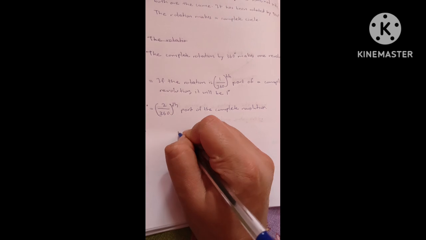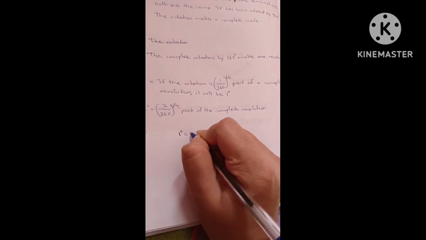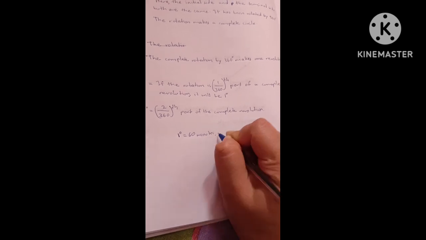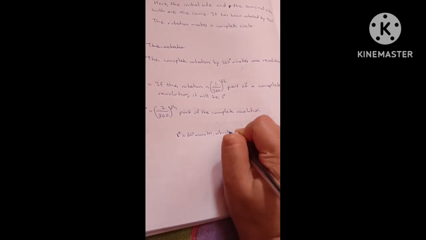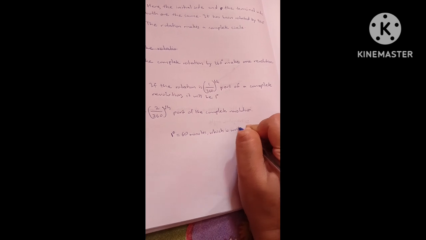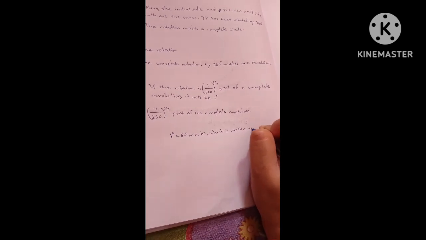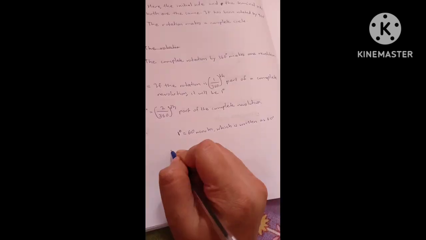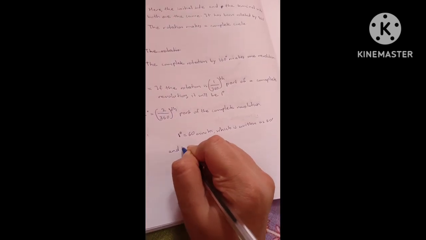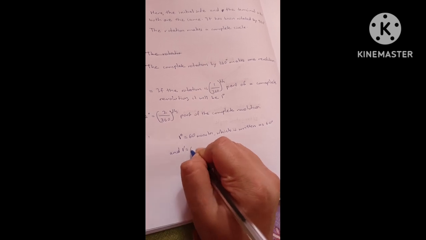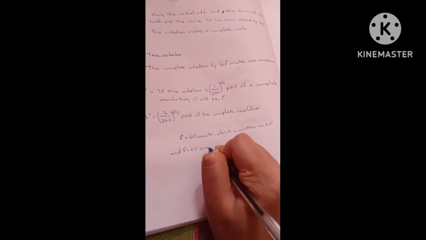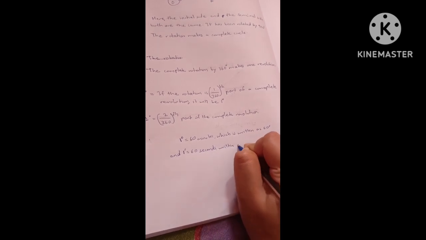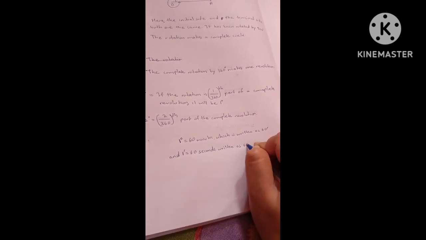Also, 1 degree equals 60 minutes, which is written as 60 dash, and 1 minute equals 60 seconds, written as 60 double dash.